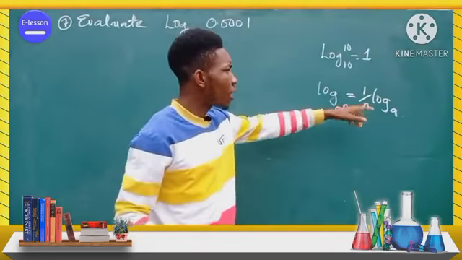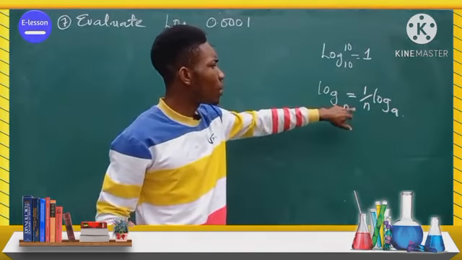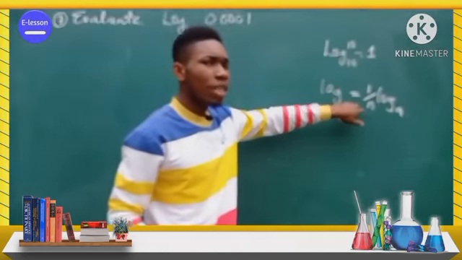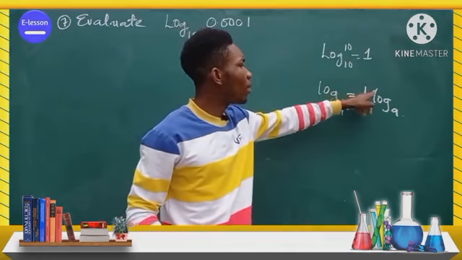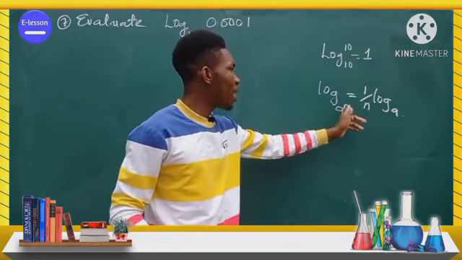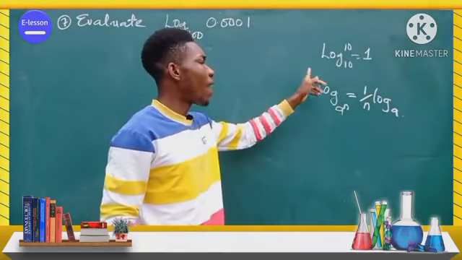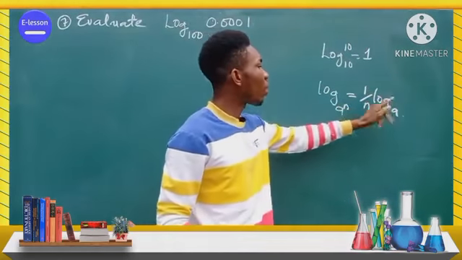There's another law that says log a to the power of n, not a to base n. A raised to the power of n is equal to 1 divided by n, that is to say n crosses to this side and you find the reciprocal of it, then log a.